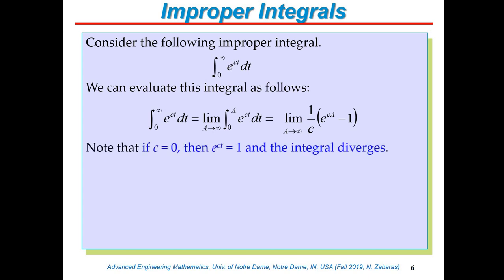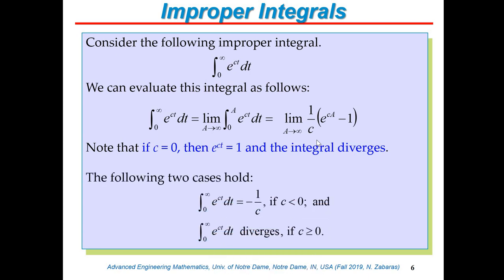So if c is equal to 0, you can see that the integral diverges. If c equal to 0, this exponential here is 1. So basically, this integral becomes infinity. So the integral diverges. If c is not equal to 0, you can integrate because c comes in the denominator, and the behavior depends on this exponential.